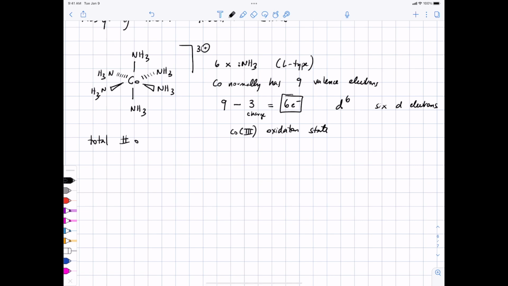Total number of electrons here. You've got 6 d electrons from cobalt, and then you have 6 times 2 from each of the ligands, for a total of 18 electrons.